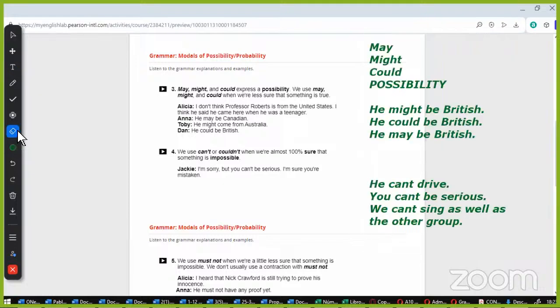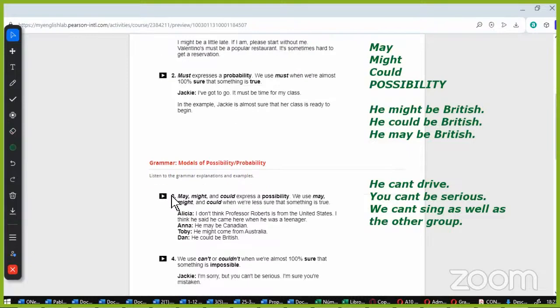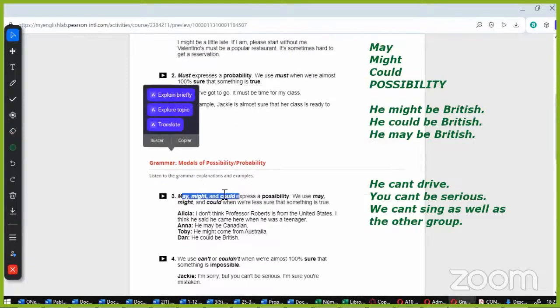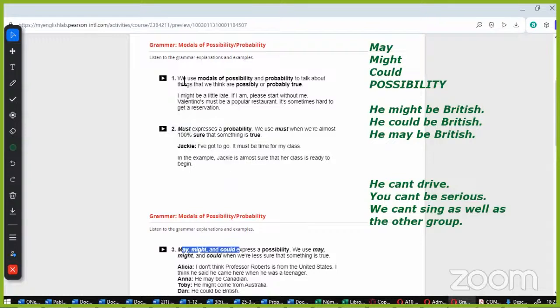I don't know if you have any questions here. Number 3 is less possibility? No, it's the same as in number 1. It's a possibility. May, might, and could, all of them express possibility.